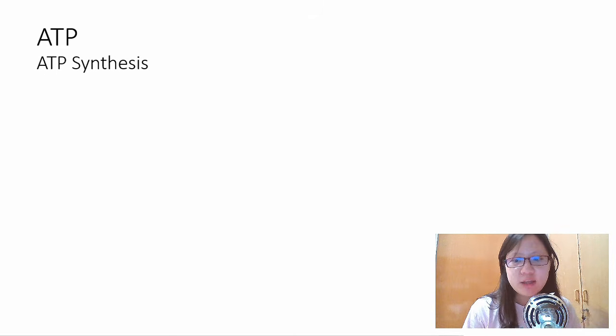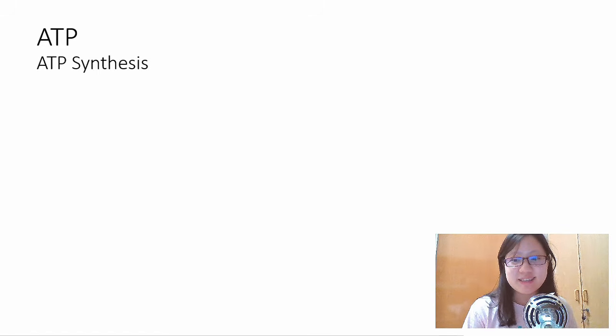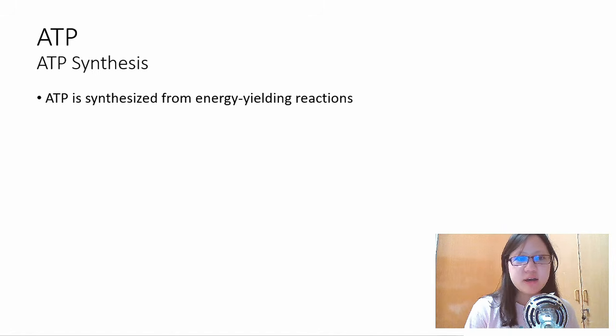So that is it for, not ATP synthesis, sorry, that's it for the chemical structure as well as roles of ATP. Quite a short introduction here, but just so I give you a little teaser to next video, this is what's going to happen.